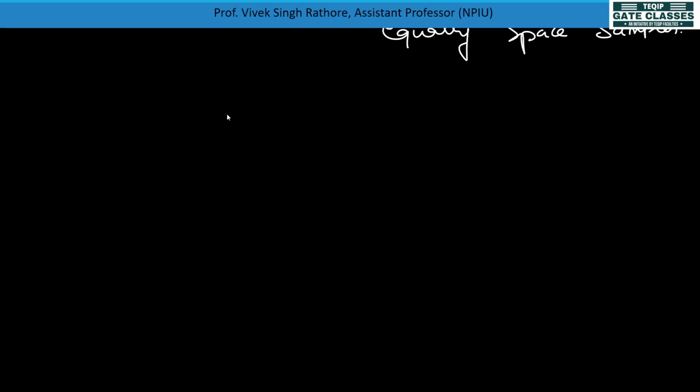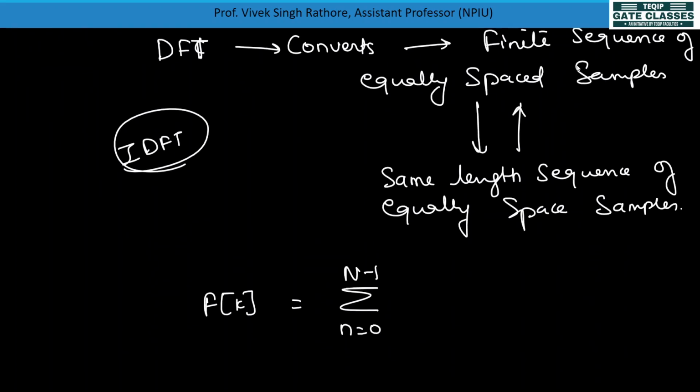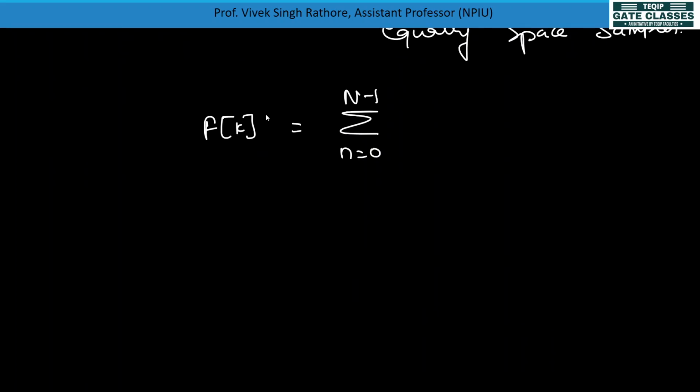So for solving DFT, n goes from 0 to N minus 1, because finite samples are there. I told you in the definition that it will transform a finite sequence of equally spaced samples. So from n equal to 0 to N minus 1, whatever your signal is, f of n, we multiply by e to the power minus j.